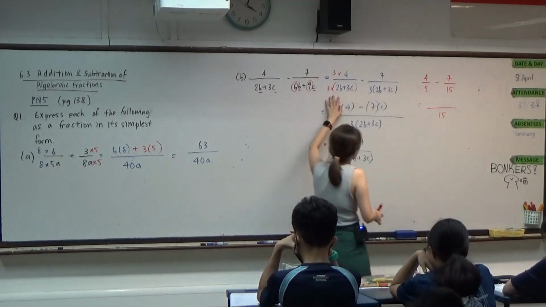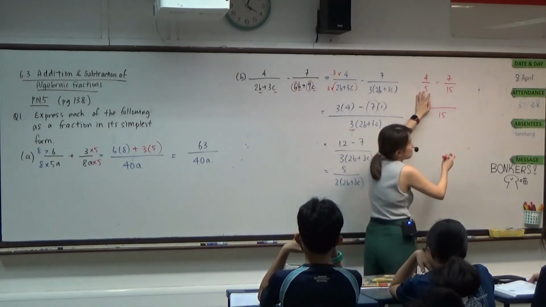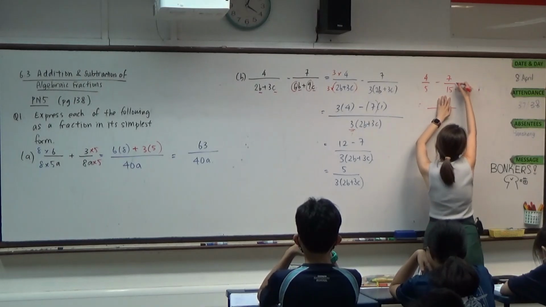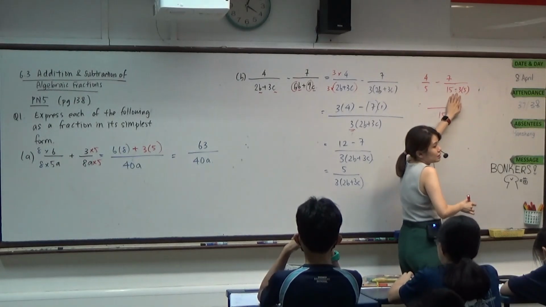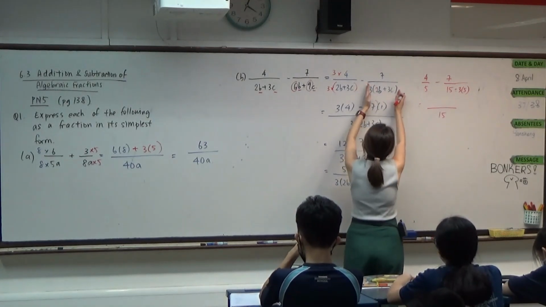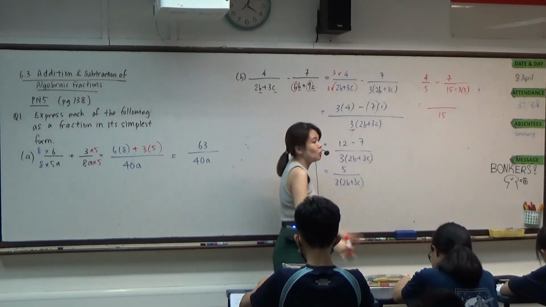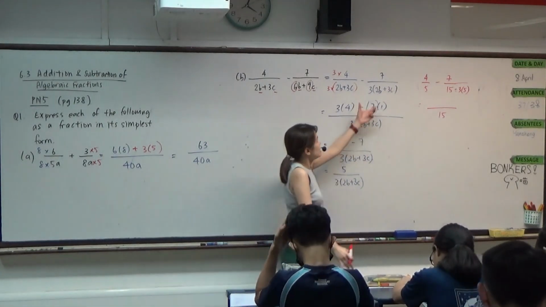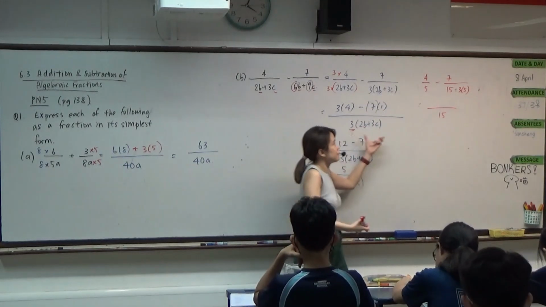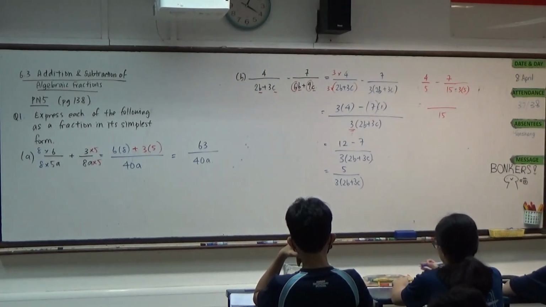So the understanding is the same, just that instead of 2b plus 3c, I use the number 5. 15 is actually 3 times 5, so this is a multiple of this. That's why between these two denominators, I choose the lowest common multiple, the larger one. So that's why I will choose this 15. I cannot choose 5.